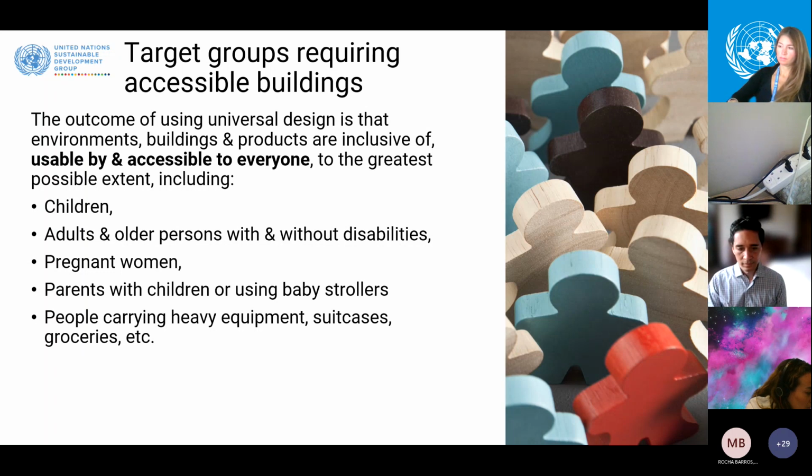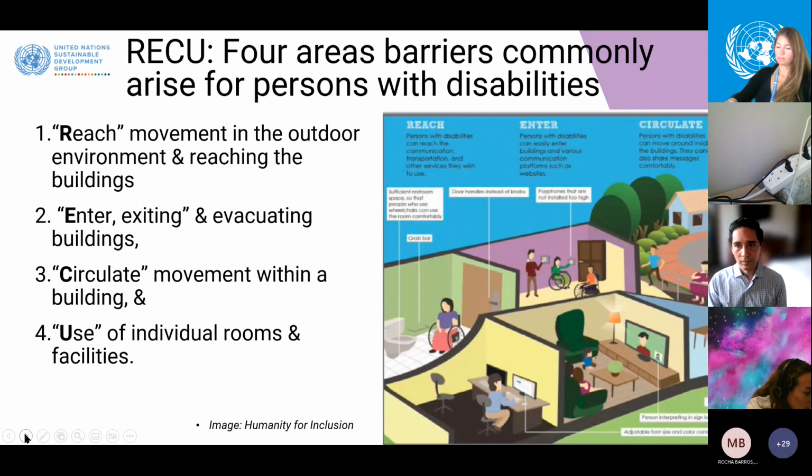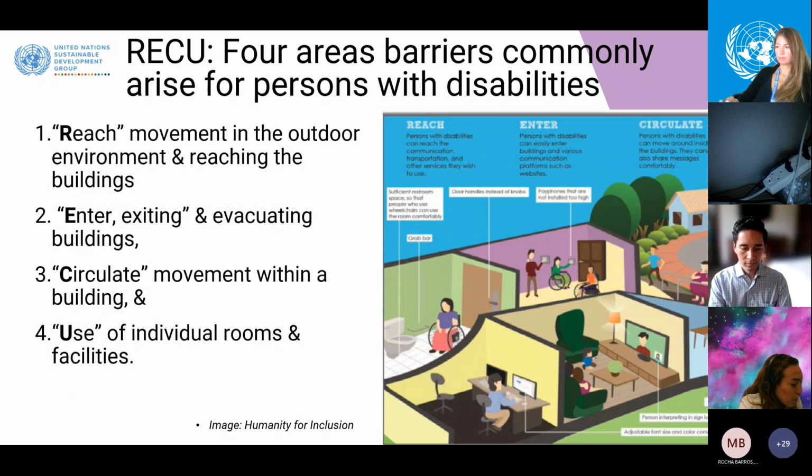So in the next slide, we are going to talk about four common areas where barriers commonly arise for persons with disabilities. These common areas are, first, to reach the building, meaning movement in the outdoor environment that leads to the building and reaching the main entrance. The second is to enter, exit, and evacuate buildings independently.